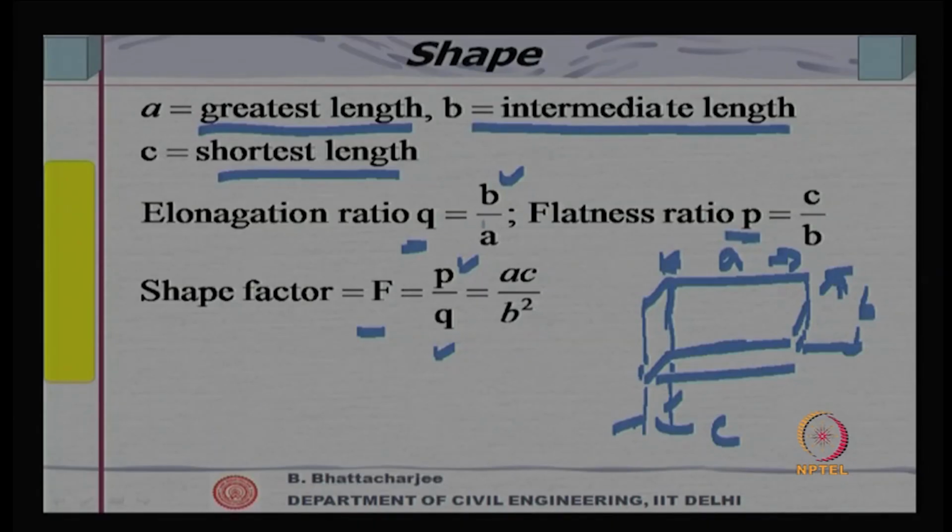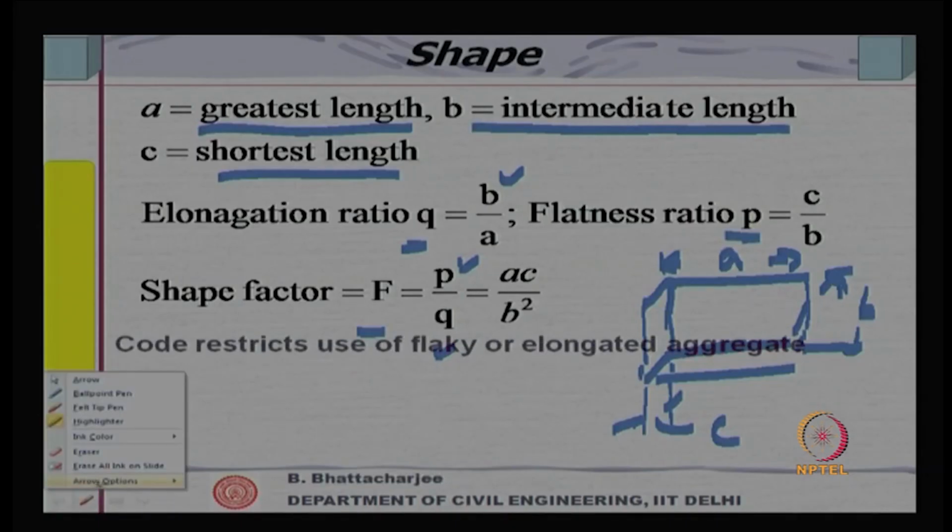Now, if B by A is small, that means it is elongated. If C is small compared to B, then it is flat. So, elongation ratio and flatness ratio give you shape factor. It is one of the ways of quantifying shape.